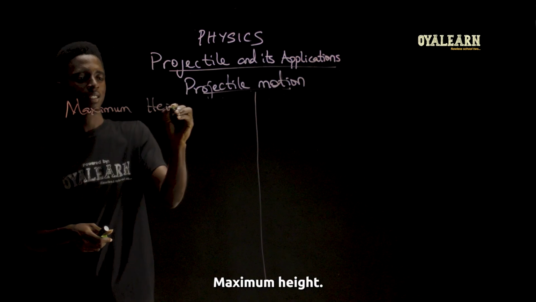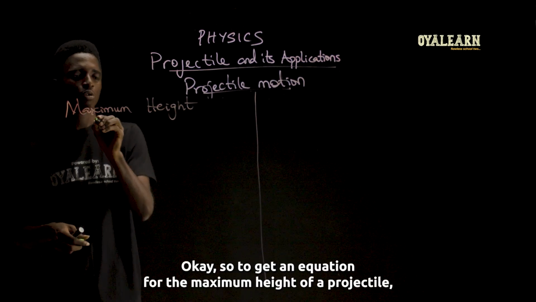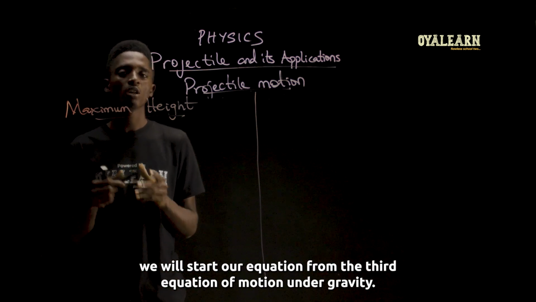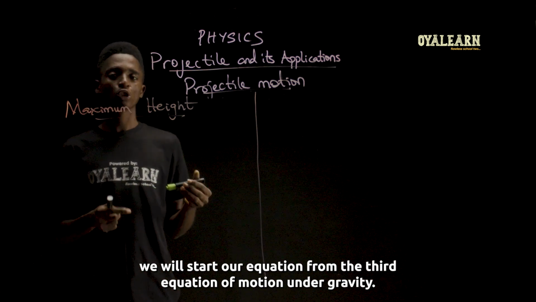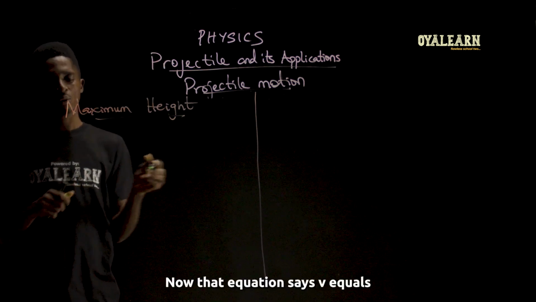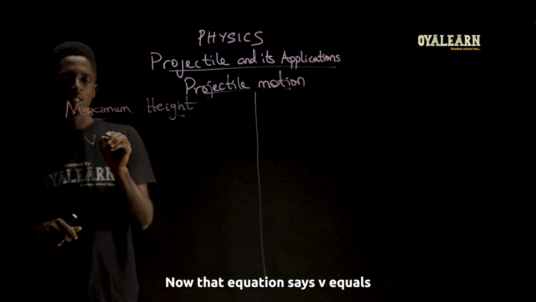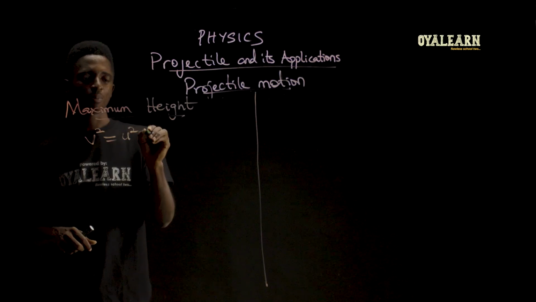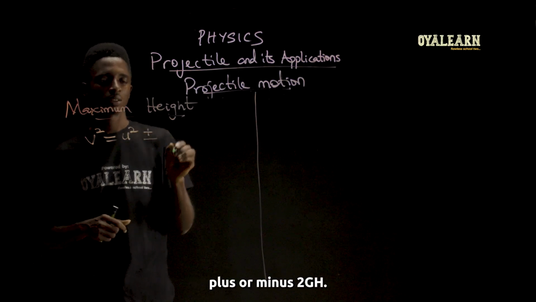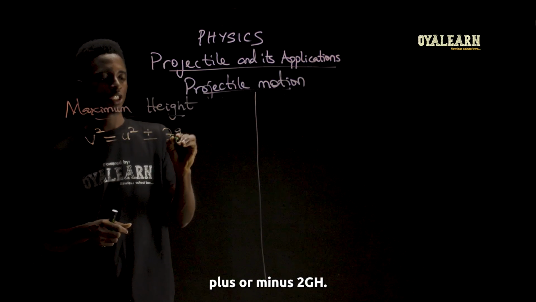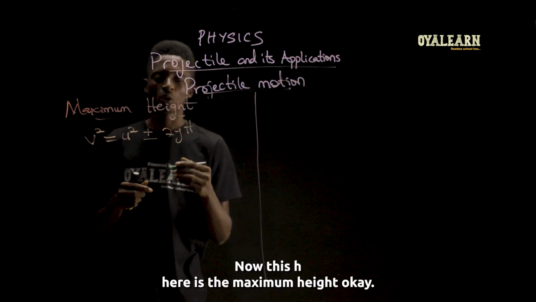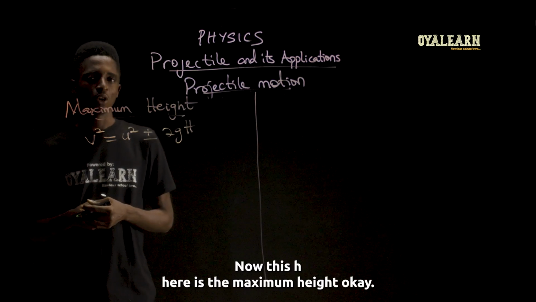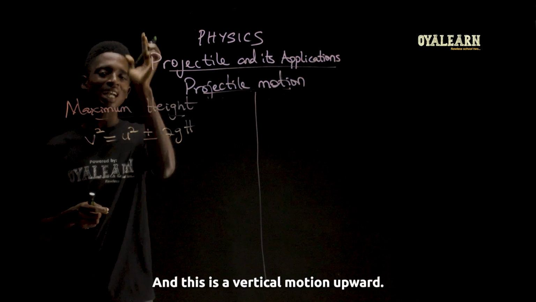To get an equation for the maximum height of a projectile, we'll start from the third equation of motion under gravity. That equation says V squared equals U squared plus or minus 2GH. This H here is the maximum height, and this is a vertical motion upward.